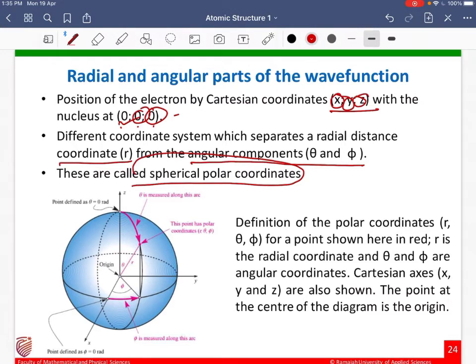The definition of polar coordinates r, theta, phi is shown for a point in red. r is the radial coordinate and theta and phi are angular coordinates. Cartesian coordinates x, y, z are also shown in this figure. The point at the center of the diagram we have to consider as the origin.